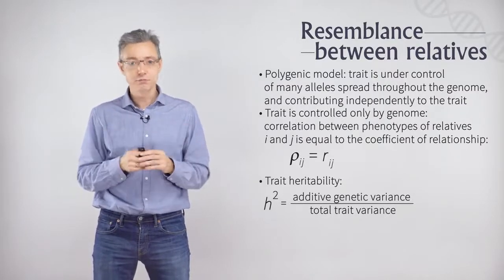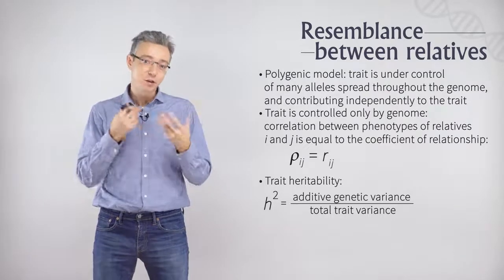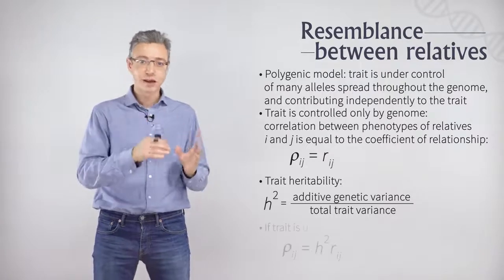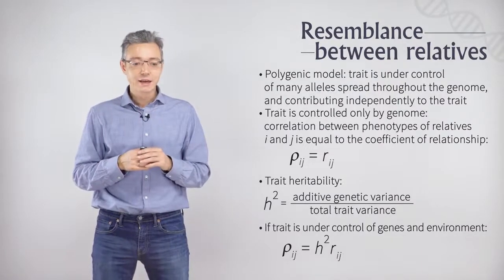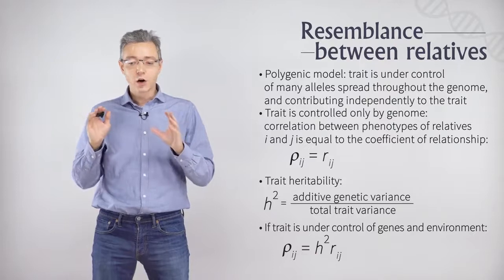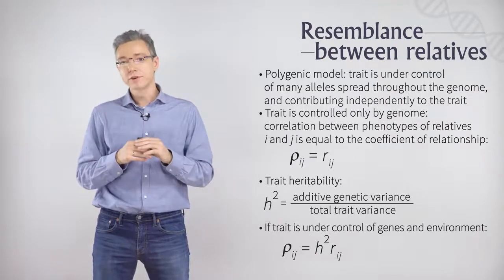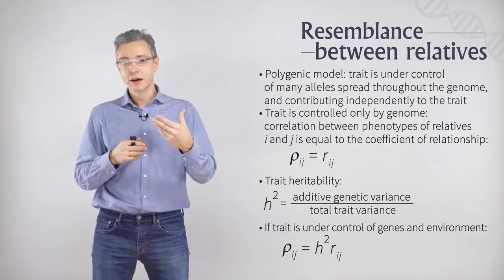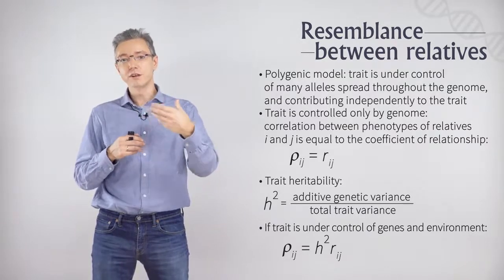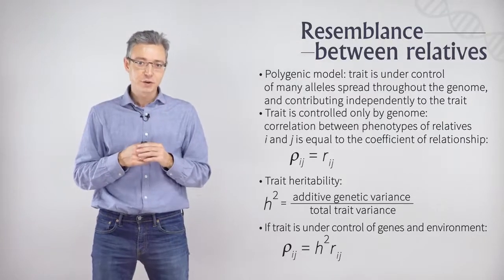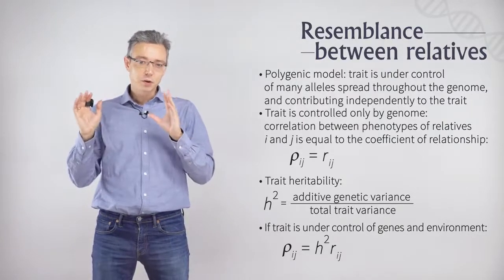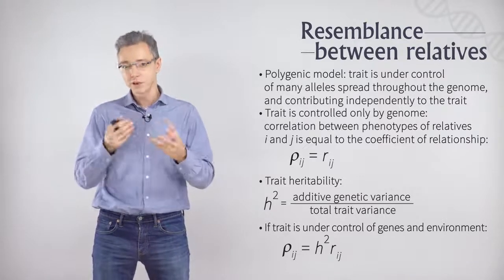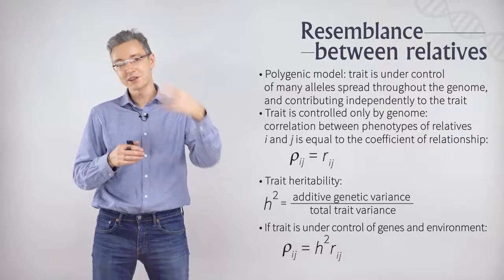However, any trait, especially complex, polygenic traits, is under the control of both the genome and the environment, and only the proportion of the trait's variance which is under control of the genome defines the resemblance between relatives. So the correlation between phenotypes of relatives should be proportional to their relationship coefficients, but there should be some scaling factor.